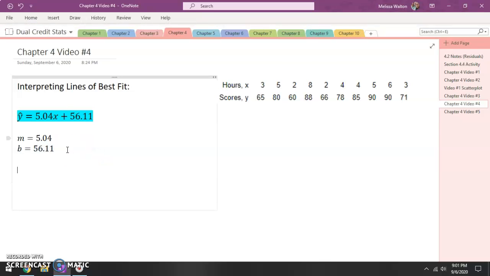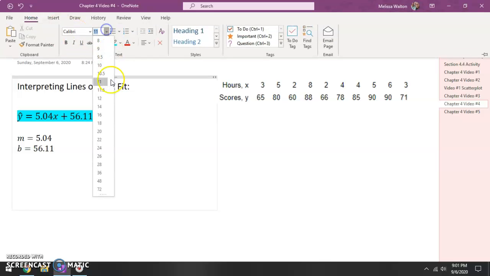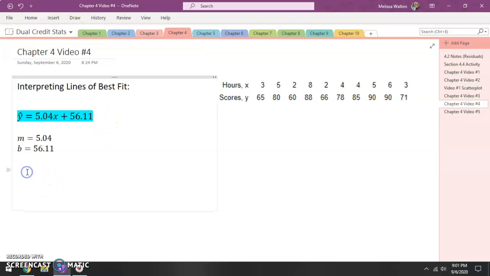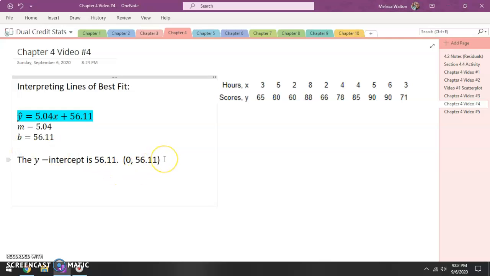I really don't have any preference, but I'm going to start with my y-intercept. The y-intercept is 56.11. And you guys might recall that a y-intercept is a point. This is the point 0, 56.11. So what does this mean in the context of this problem? Well, x is our hours, so this would be the predicted score if x is 0 hours.